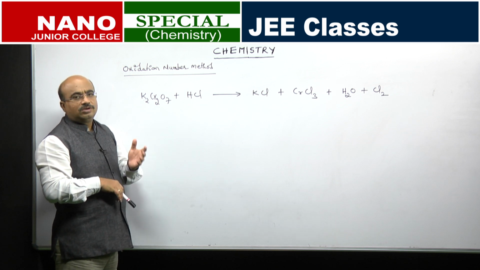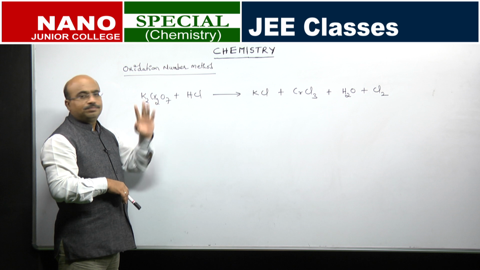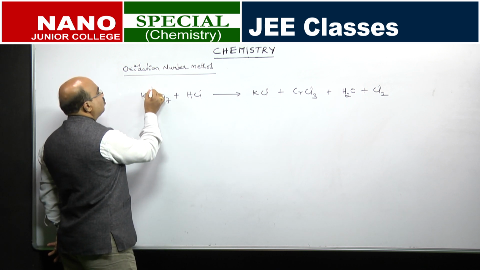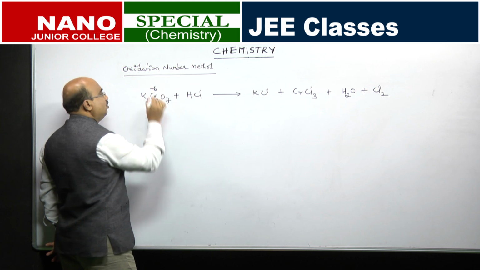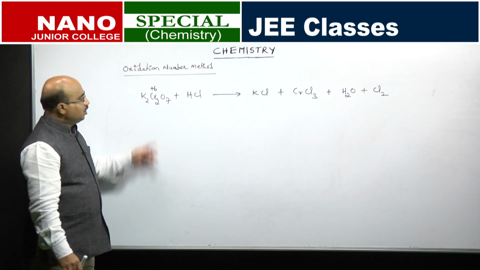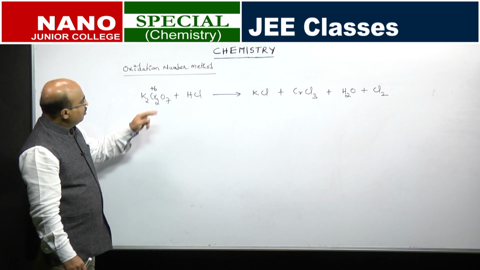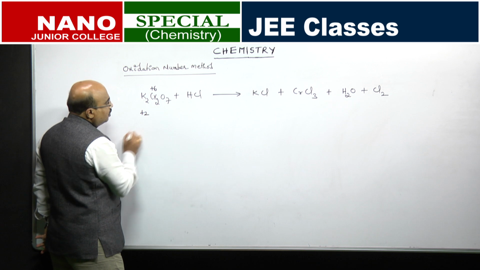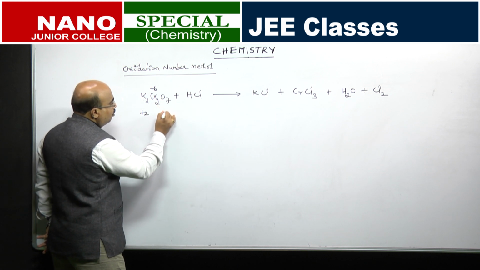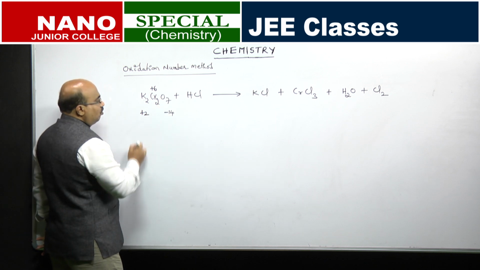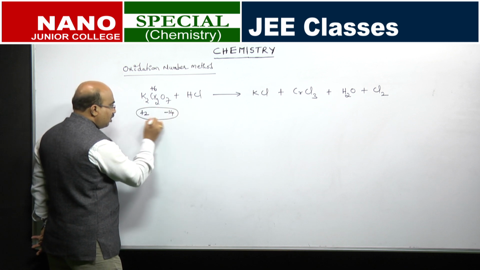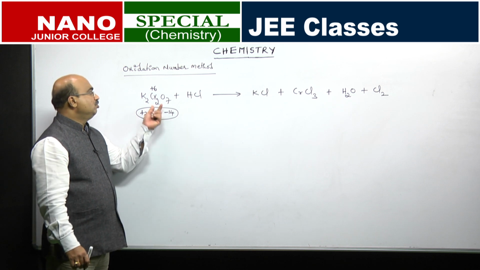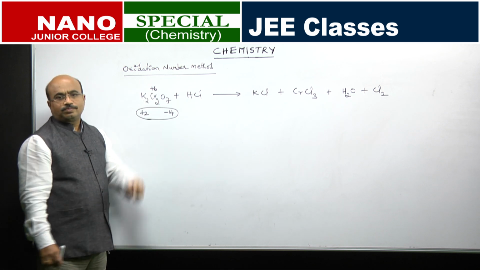So, what you have to determine is chromium and chlorine. Here chromium is +6 if you calculate: potassium is +1, oxygen is -2. Total charge on potassium is +2, total charge on the oxygen should be -14. So, the total charge left out is +12 to neutralize it, which means each chromium should have +6.